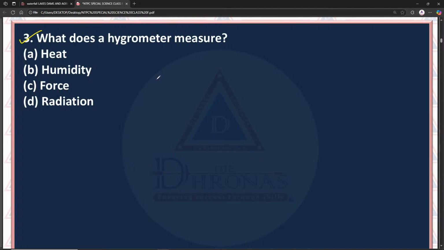Your options are heat, humidity, force, radiation. Now hygrometer measures humidity.